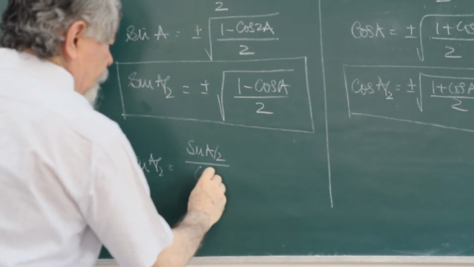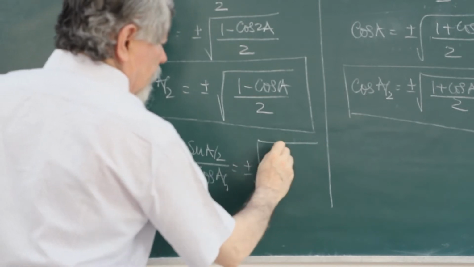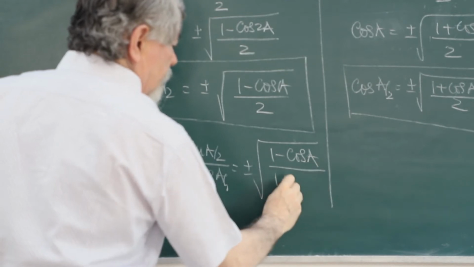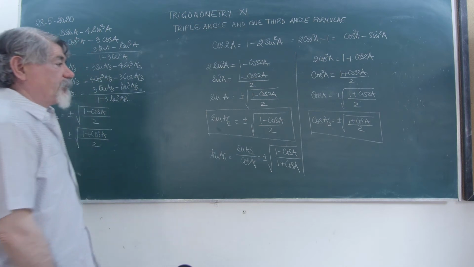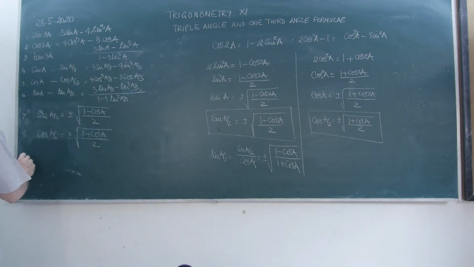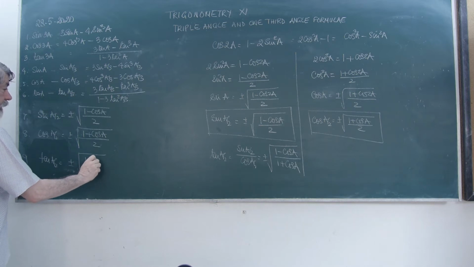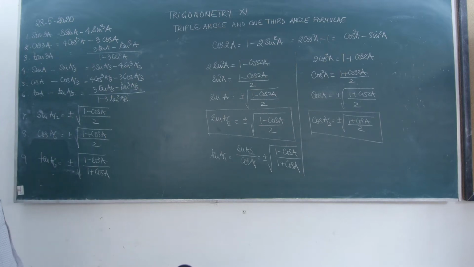We divide the value of sine a by 2 by cos a by 2 and we will get plus minus under root 1 minus cos a upon 1 plus cos a. 2 will cancel. So the ninth formula is tan a upon 2 will be plus minus under root 1 minus cos a upon 1 plus cos a.